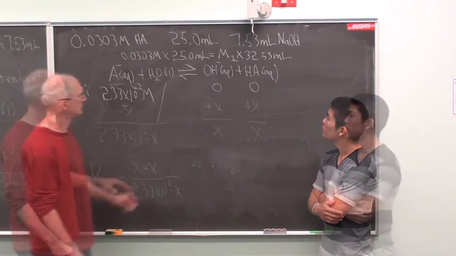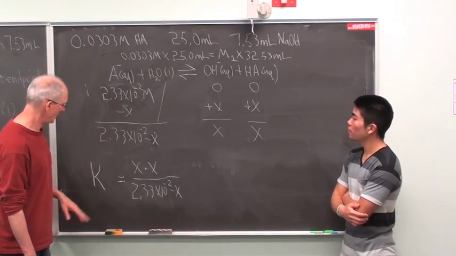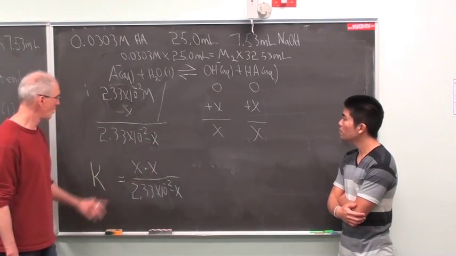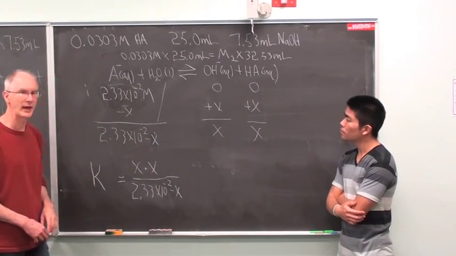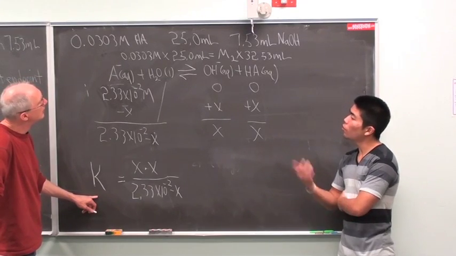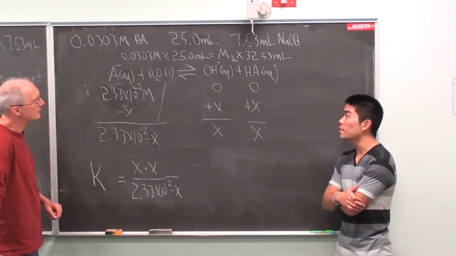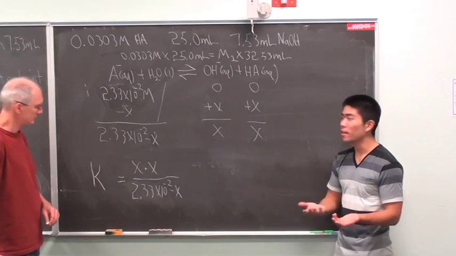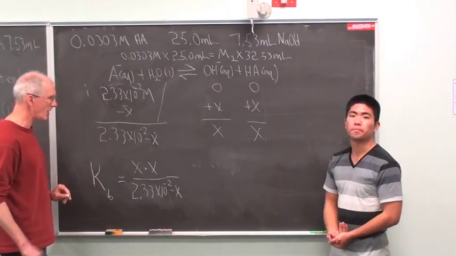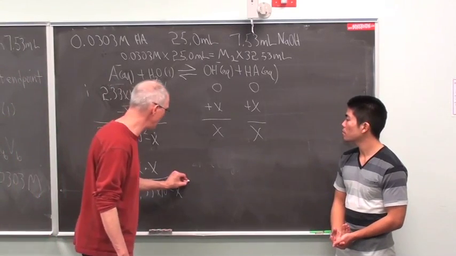Now it's simple. So here's our ICE table, and I set up my equilibrium expression, the products over the reactant equals K. So what am I going to put in for K? Well, we're using a base problem, so you can't use Ka. You would need to find Kb. What is Kb?